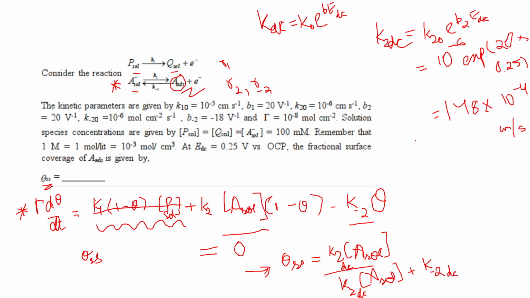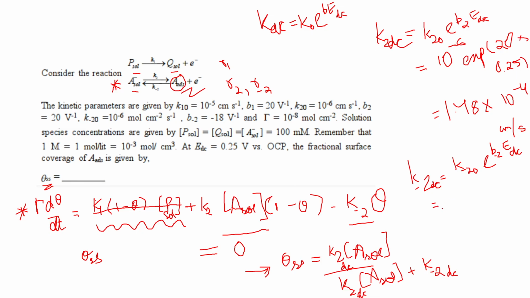So now you have found K2 DC. Now you want to find K of the backward reaction, minus 2 DC. Same formula.